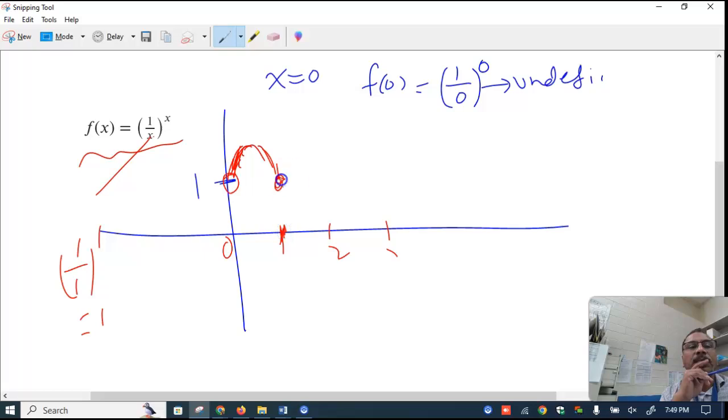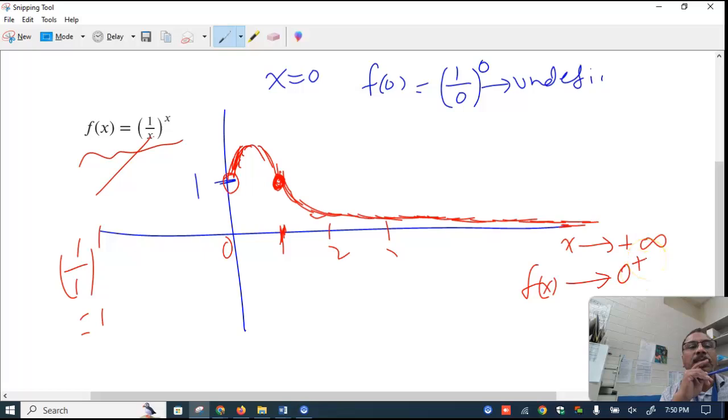So when it is 1, this is definitely a point, and then as x becomes larger, the output becomes very small, almost 0. So when x approaches a very large, infinite, positive number, then f of x approaches almost 0, but in the positive. So almost 0 but positive.